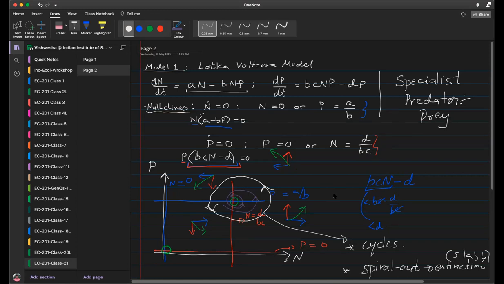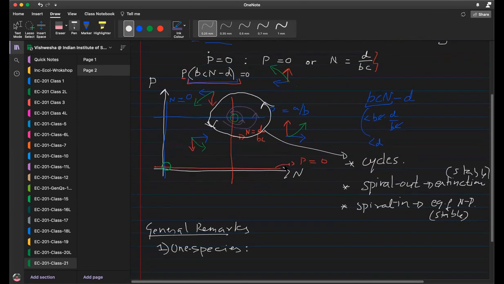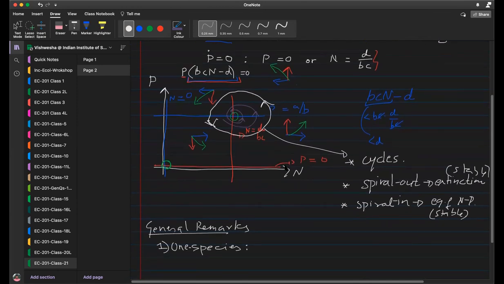In the PN graph, can't the spiral expand as in be an outward spiral? But if it goes out, it has to somehow come back in, no? Unless it shrinks in this region, it will go and hit this, right? I wouldn't call it spiraling out though.